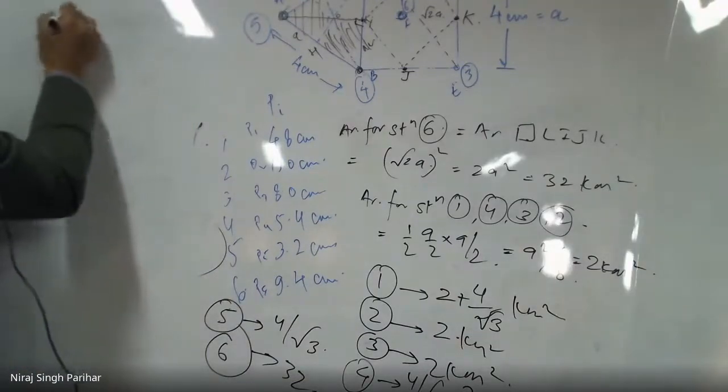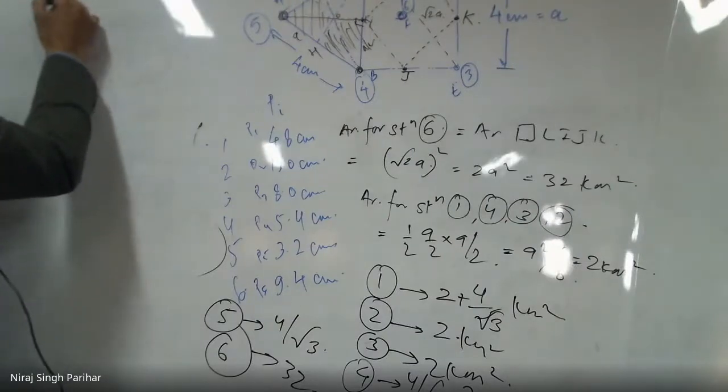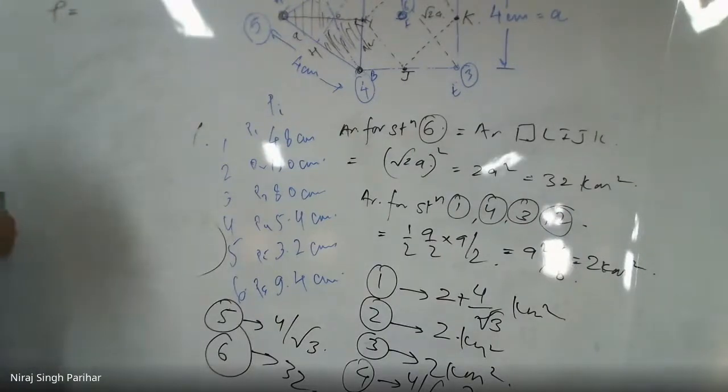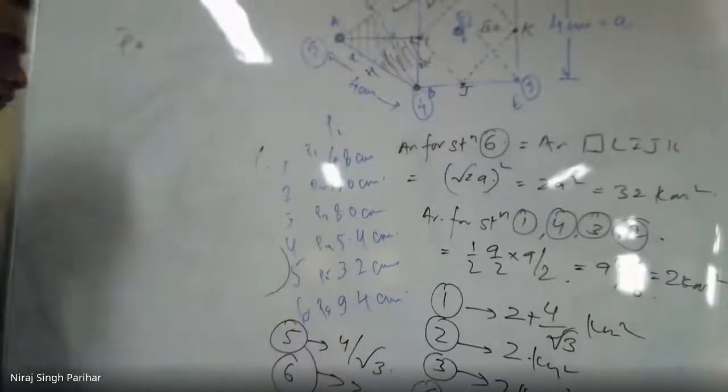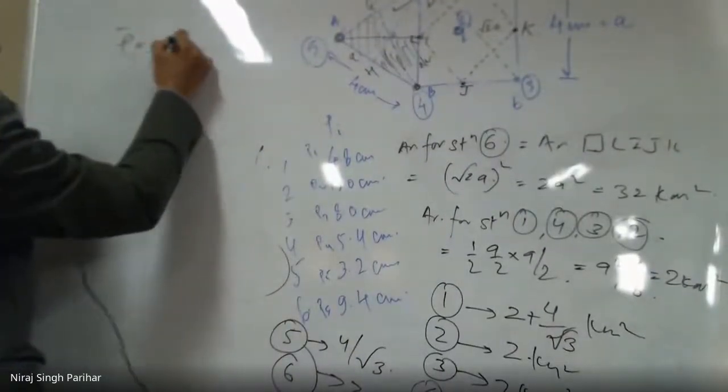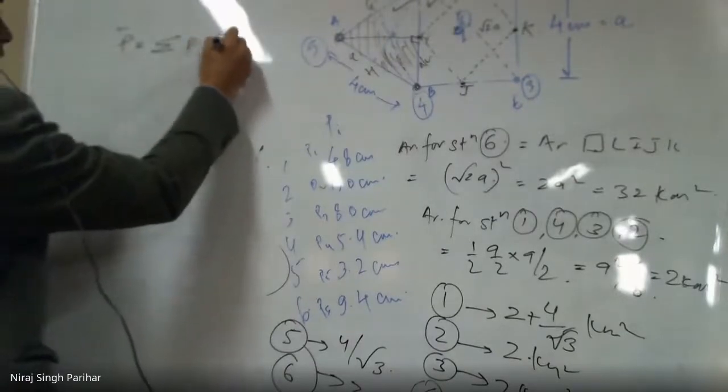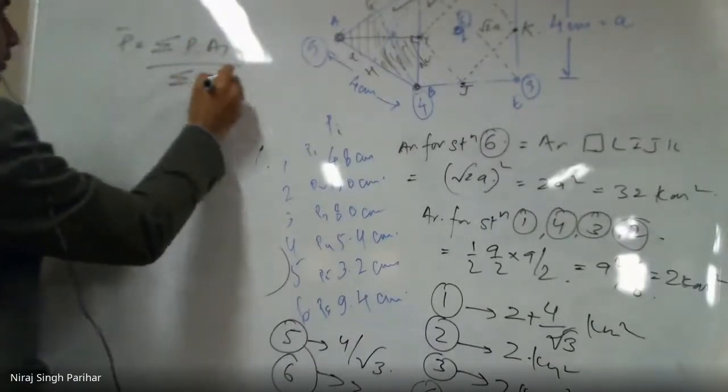So now the mean rainfall is equal to sigma pi ai by sigma a.